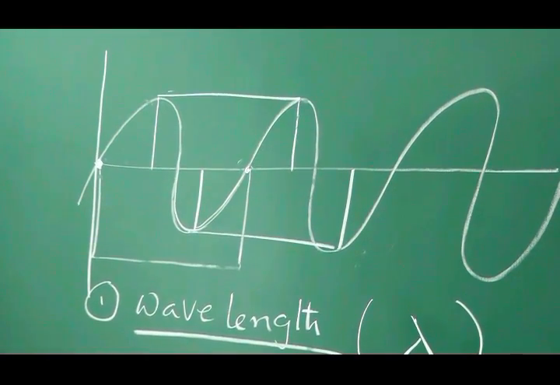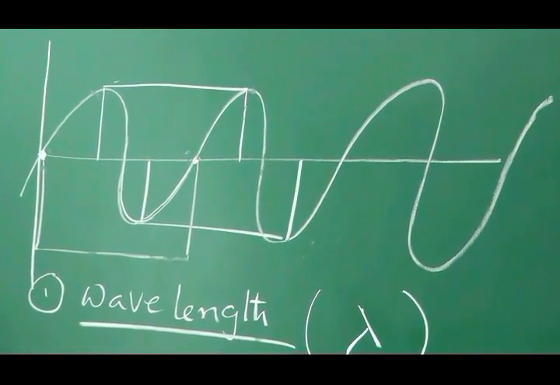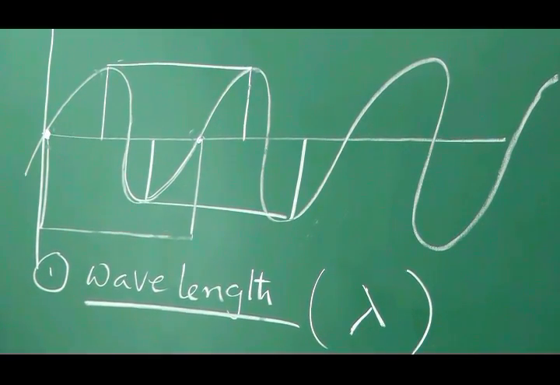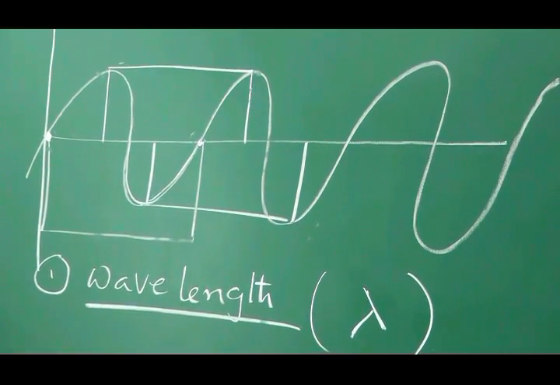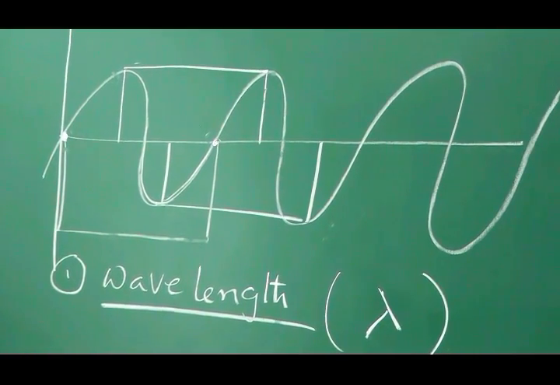This number of waves that cross a fixed point will depend upon velocity of light as well as wavelength.